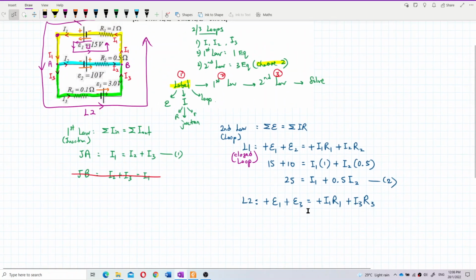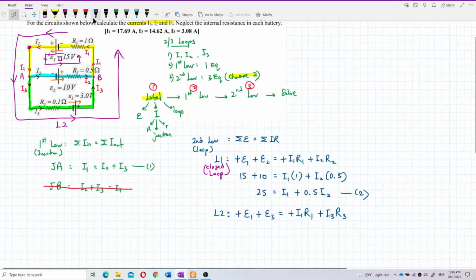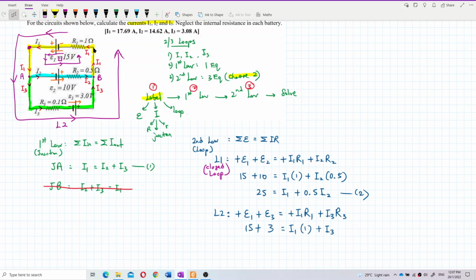So now substitute the values. What is the E1 value? E1 is 15 volts. And what is E3? E3 is 3 volts. And then I1 R1, what is R1? 1 ohm. And what is R3?